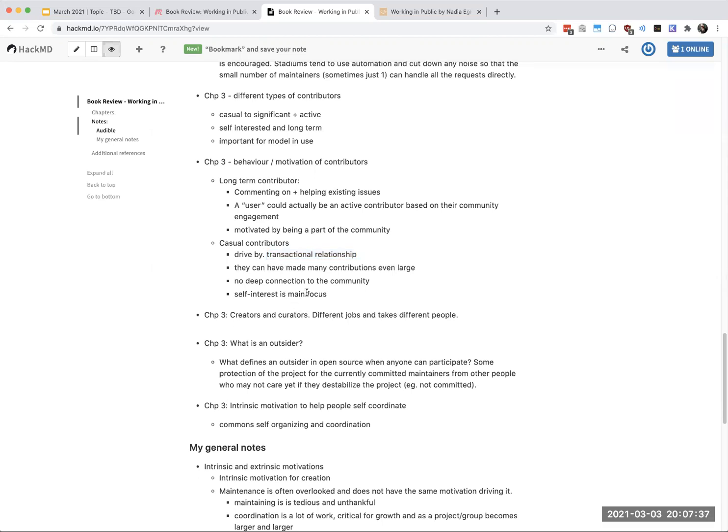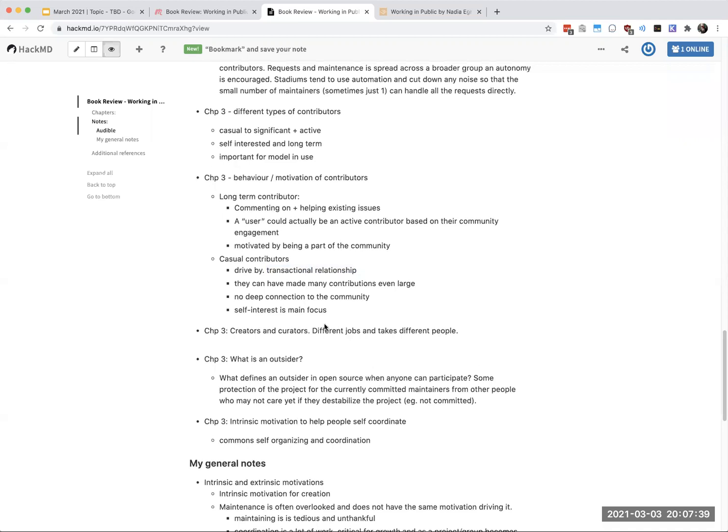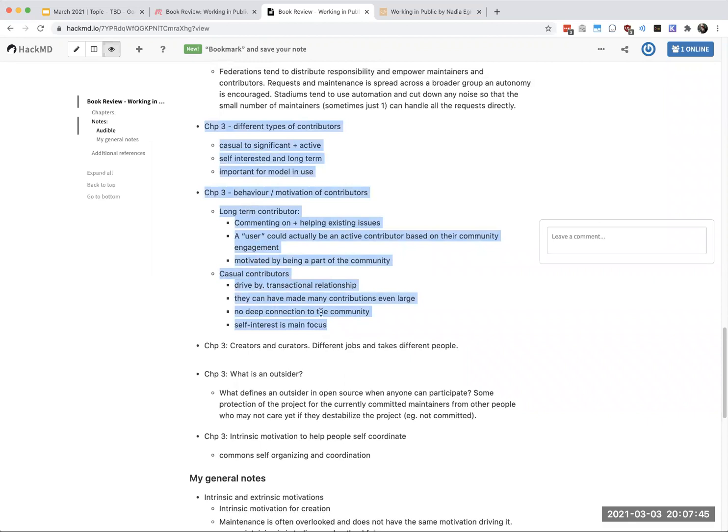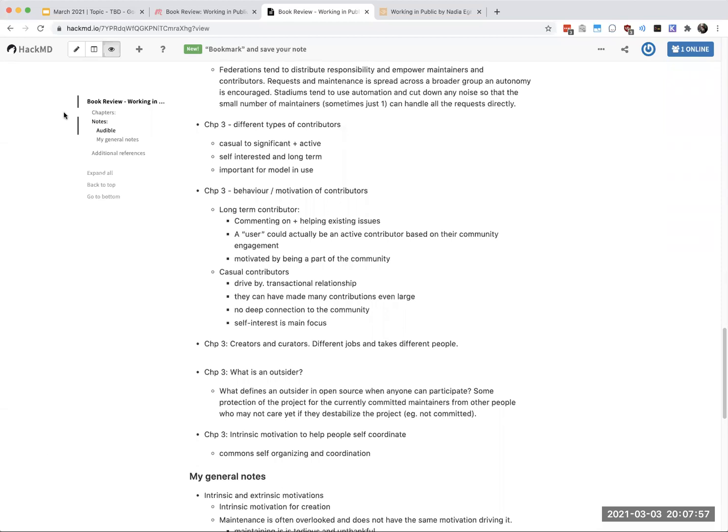I think this one's pretty important. I want to just stop there for a moment before we move on to the other part of maintainers, but just on contribution, for feedback or other thoughts around this.